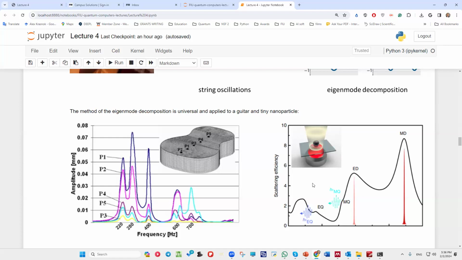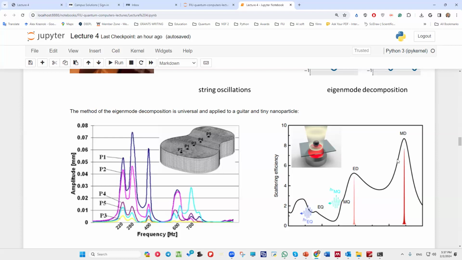At the same time, the picture on the right shows us the light scattering from some small nanoparticle. I guess this is the theoretical spectrum, but in experiment it also looks the same. So what you do, you shine a light beam on a small nanoparticle, and in response you get a spectrum like this.